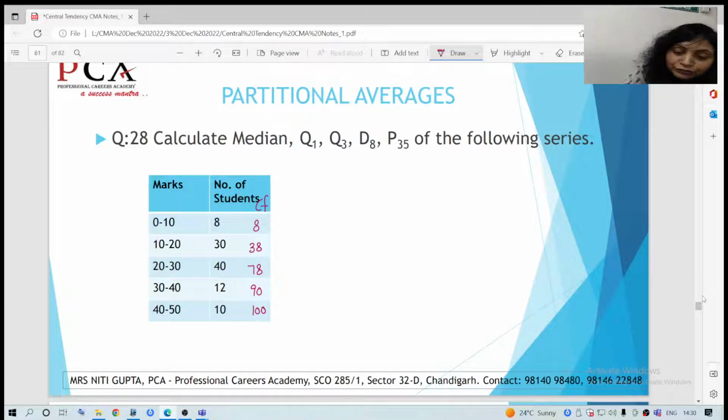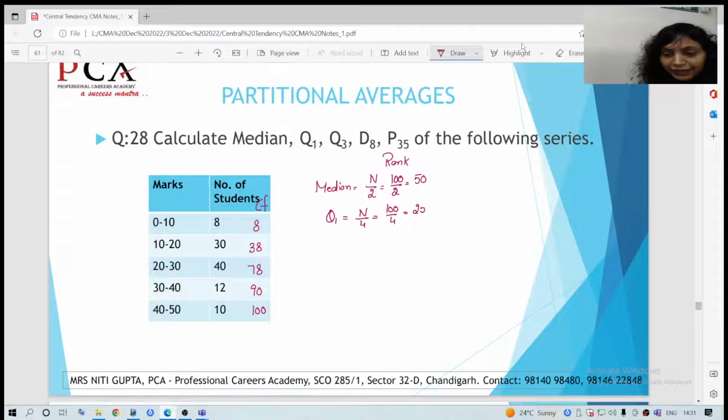First I want to find the median, so I have to find the rank of the median. We'll compute the ranks of all the partitional averages in a similar way. Rank of median is n by 2. Here n is 100, so the rank of median is 50. Rank of Q1 is n by 4, that is 100 by 4, equal to 25.